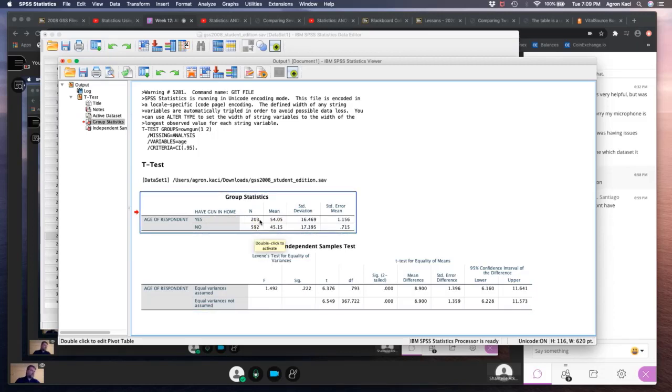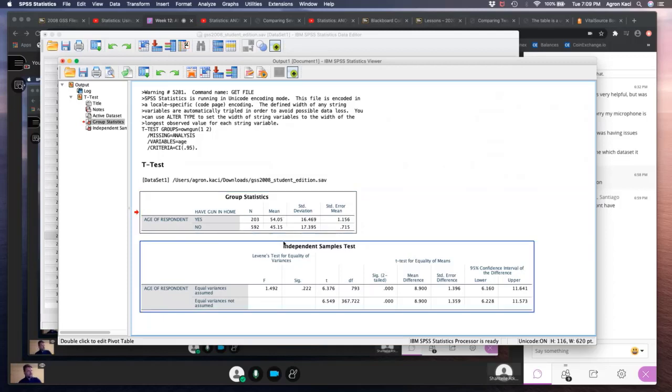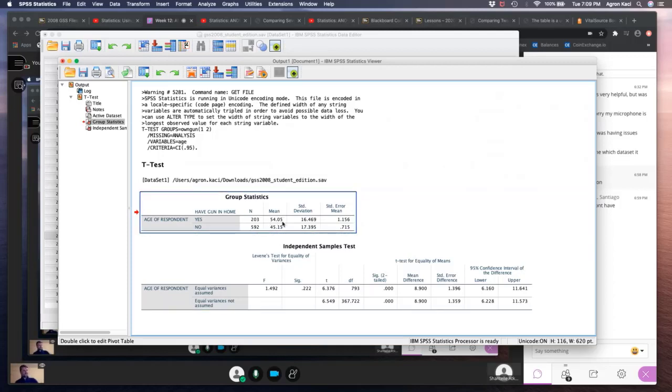All right, so now we have the group statistics. We have 203 people who have guns at home and 592 who don't have guns at home. Yes, 203 people, no, 592 people. The mean age now, this is a very important thing.